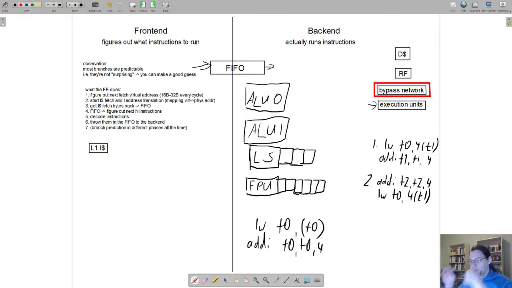It needs to call a routine in software that updates the TLB: here's the translation for that page you're looking at that you currently don't know where it is. And after all that, the handler is something like 17, 18, 20 instructions. It needs to return and resume execution, which involves restarting this load. And then hopefully this time it will go through.